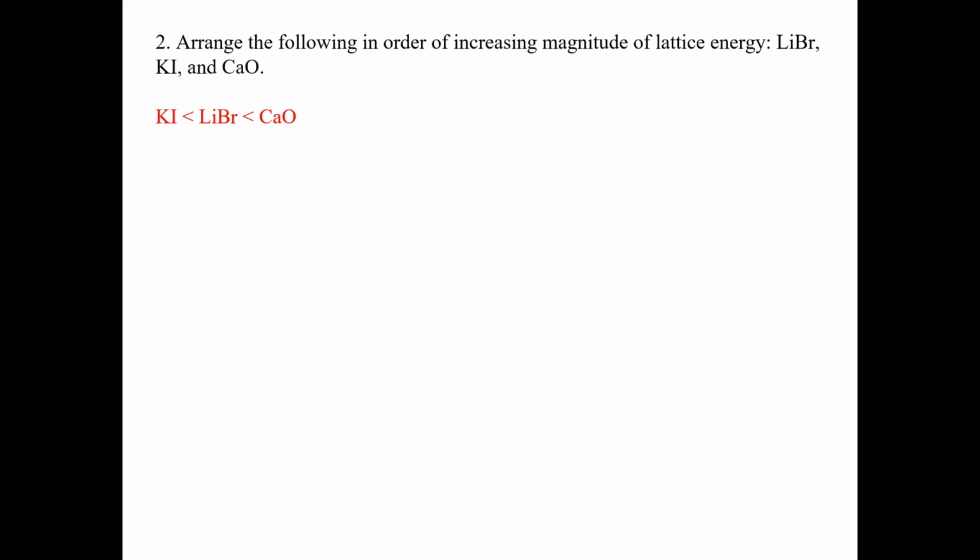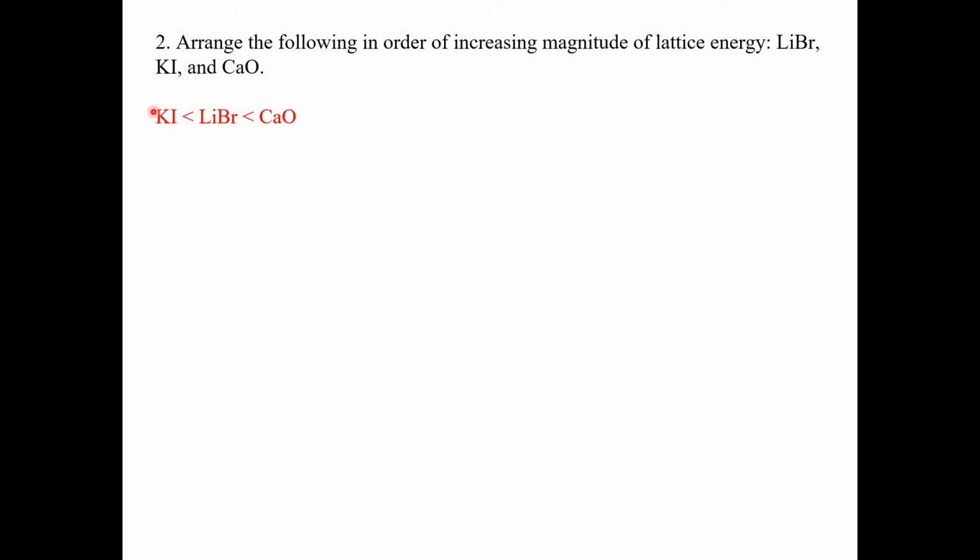Okay, here's our arrangement. Our calcium oxide is going to be the one that has the highest magnitude of lattice energy. Calcium has a +2 charge, oxygen has a -2. With our other 2 compounds, if we break them up, they each have a magnitude of 1, with K and Li being +1, I and Br being -1.